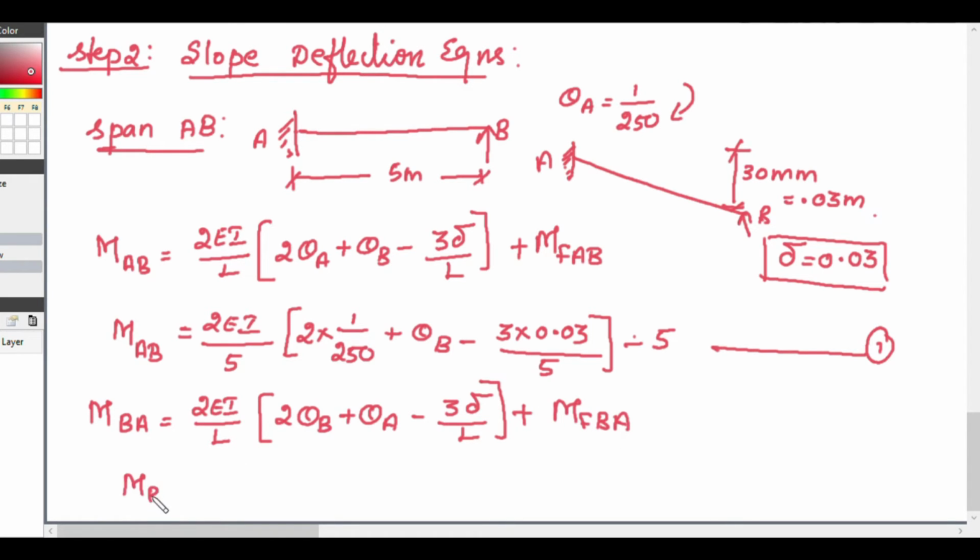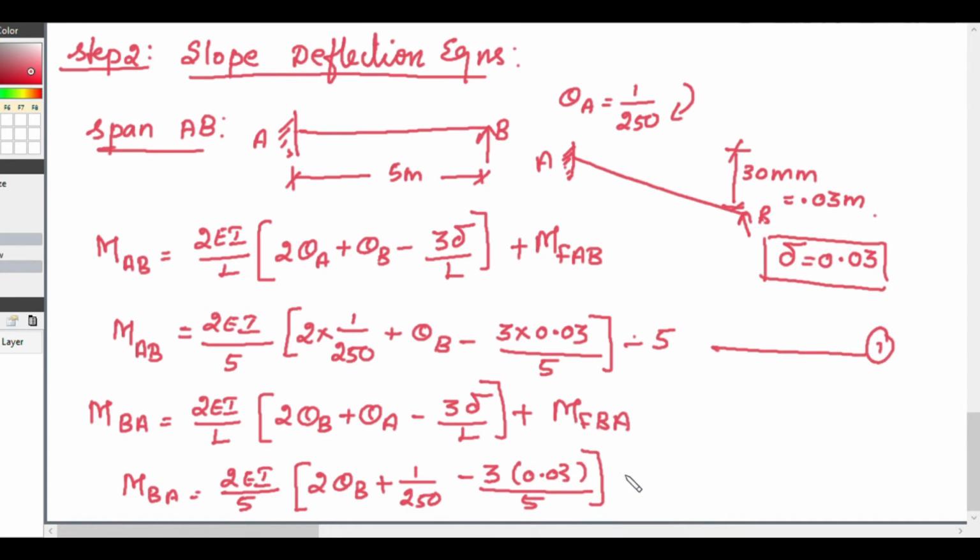So MBA is equal to 2EI by 5 into 2 theta B plus theta A is 1 by 250 minus 3 delta value is 0.03 divided by L is 5, MFBA is plus 5. This is your equation number 2. So first span is over. Now we will consider the second span. So our second span is span BC.